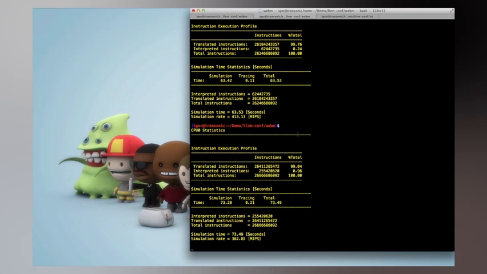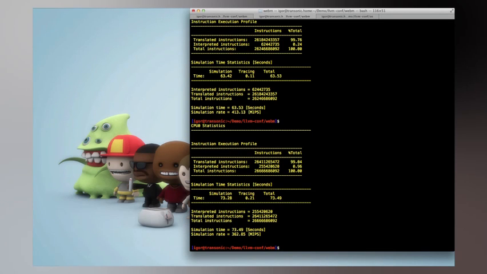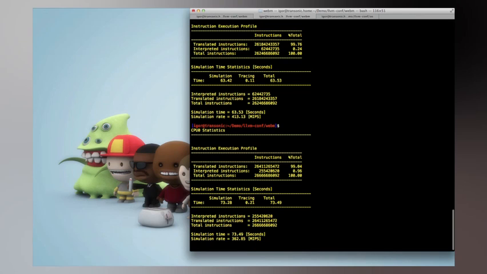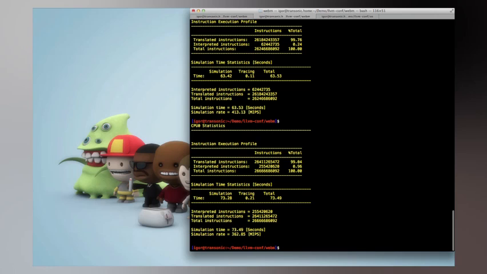In terms of performance, the one with 5 JIT threads had a simulation rate of 413 MIPS, whereas the one with only 1 JIT thread had 362 MIPS. So you see that there is a considerable, significant difference here.